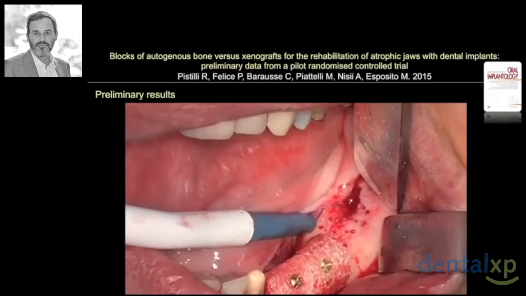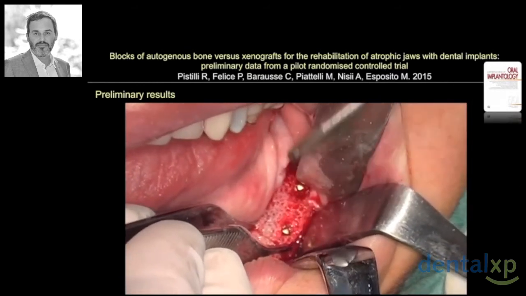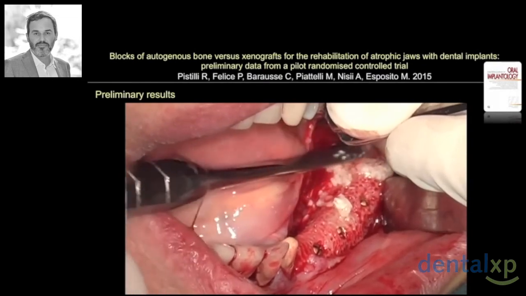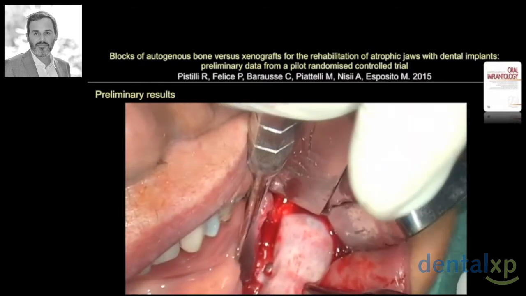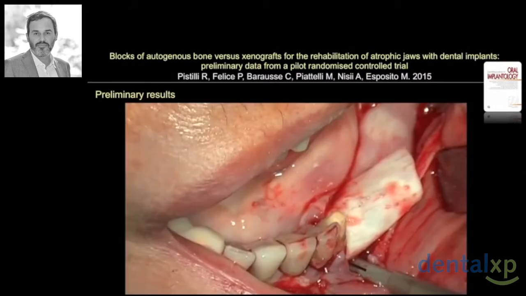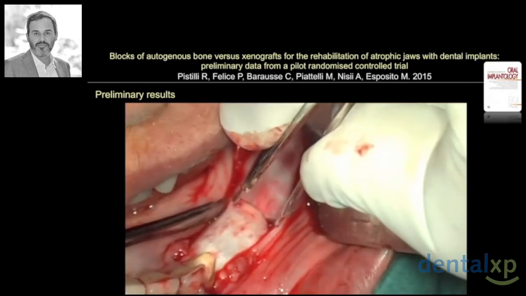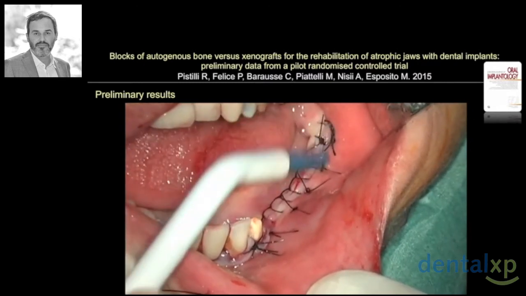I fixed the blocks, and in the end, I closed the gap with particulate, and I covered everything with the membrane, and I fixed the membrane. All the steps of the intervention were, in my opinion, correct. And look, everything is closed.